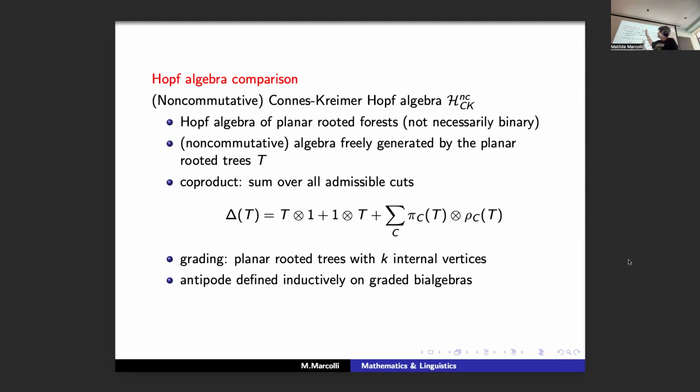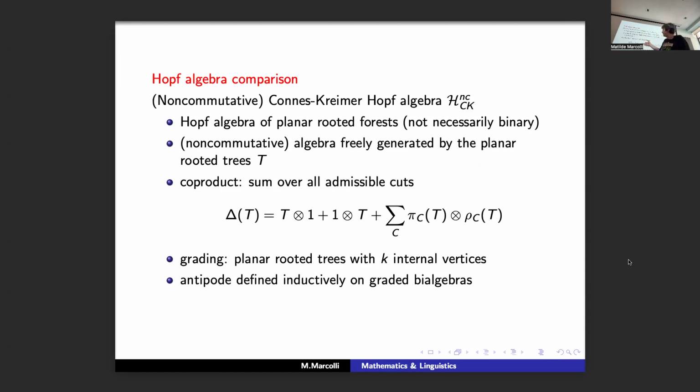Of course, you can make this itself non-commutative by assuming that the trees are planar and that the forests are also planar, so there's an ordering of the components, but still it would not involve just trees. It would also involve forests.